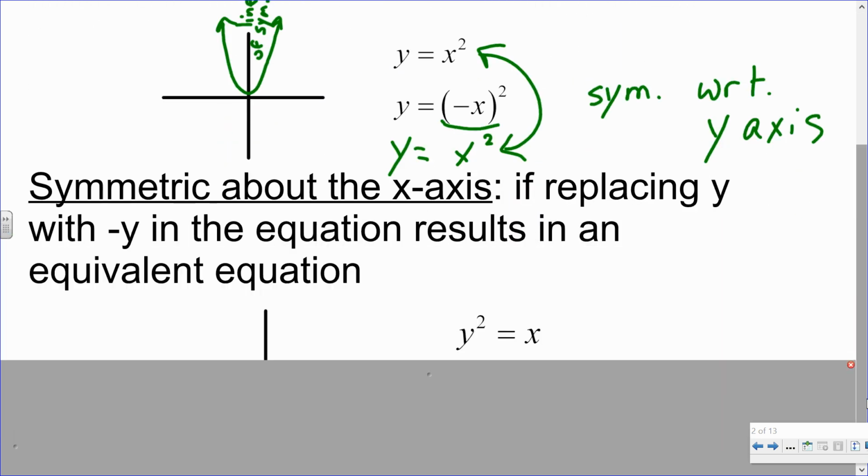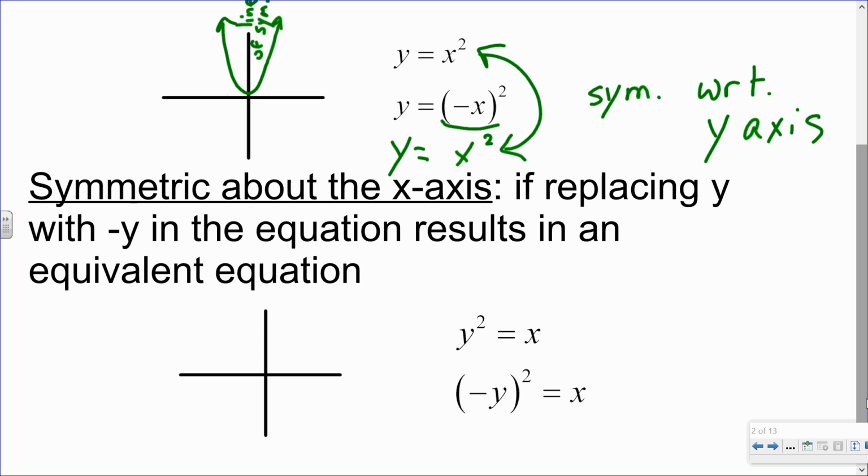Similarly, we can have symmetry about the x-axis, and in that case, we are going to change y to minus y, do the algebra, and see if we get back where we started. So one that I could do for that would be a sideways parabola. x equals y squared. It is not a function. But do you see how this looks like the top and the bottom halves match each other?